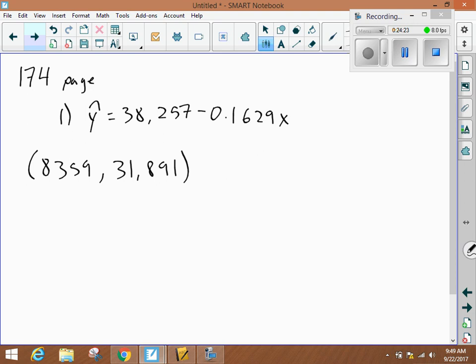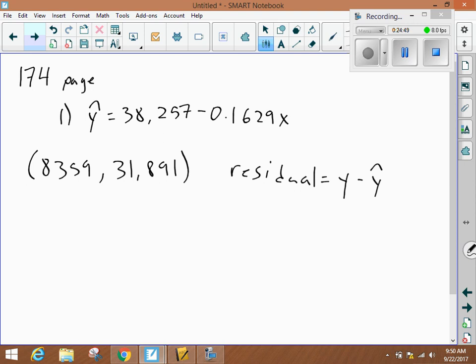Remember that our residual is our actual y value minus our y hat value, right? Our actual value minus our predicted value.